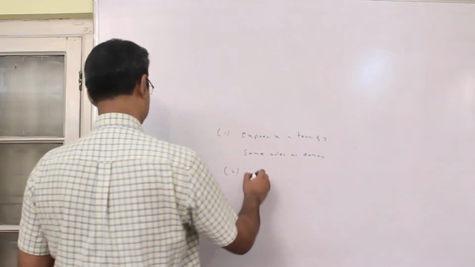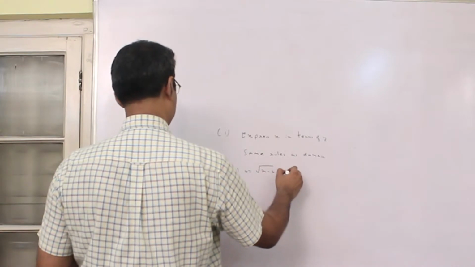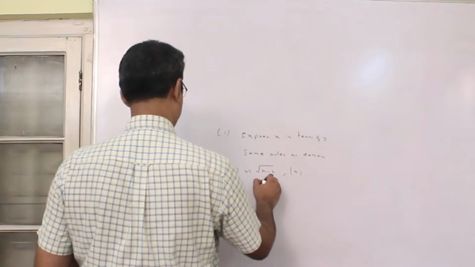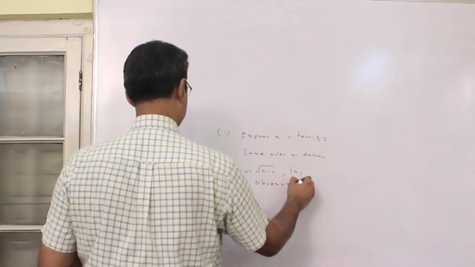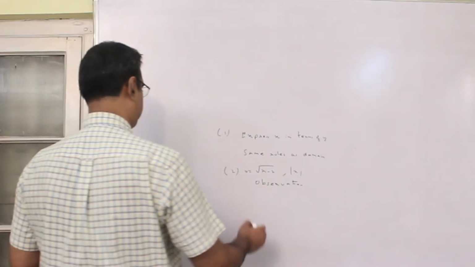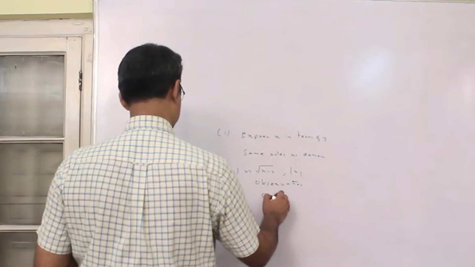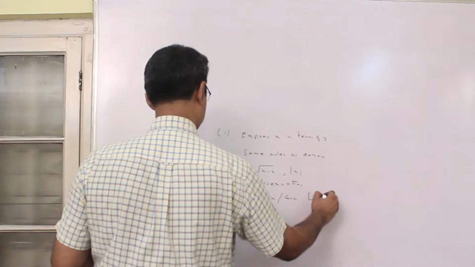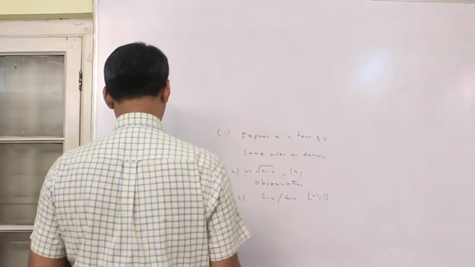The second is that whenever you have a function which involves a square root or a modulus, then you just try to find the range by observation, because for square root and modulus functions, the range is best found by observing. If you have a function which is sine or cosine, then you can use the fact that it lies between -1 and +1.